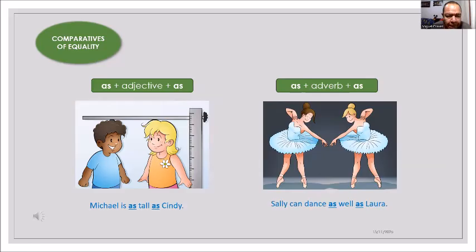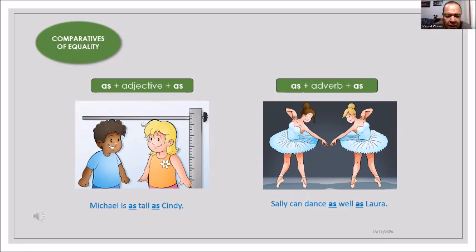We use comparatives of equality when two objects, animals, or people share the same degree of a characteristic. If two things are equal in some way, we can use a comparison with as. The comparisons may involve adjectives or adverbs after the first as, a noun phrase or clauses after the second.